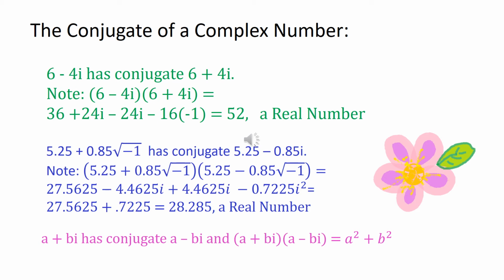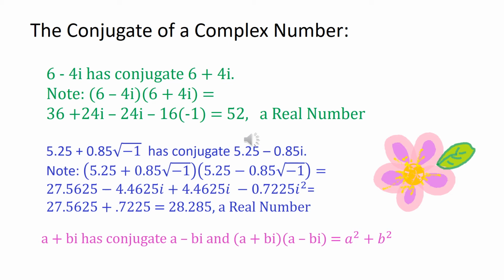You'll get positive 24i, but then the inner terms are going to give you negative 24i, and the non-real parts, the 24i and the negative 24i, cancel each other. Negative 4i times positive 4i gives you negative 16 times i squared, and i squared is negative 1. So you now have 36 plus 16 for 52. You get a real number because the non-real parts cancel each other out.